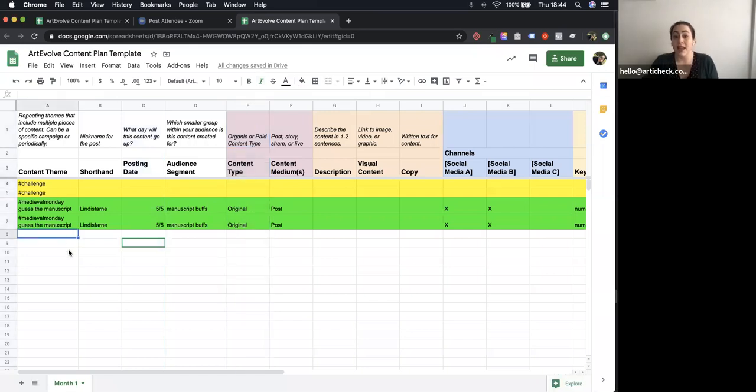And the great thing about this is that if you're planning this, you really only need to plan this one time each month. And you may not even need to plan it every month if your content is very clearly aligned in your themes, like Guess the Manuscript. Your Guess the Manuscript next month is going to be the same as this month, so you don't actually have to do any more planning.